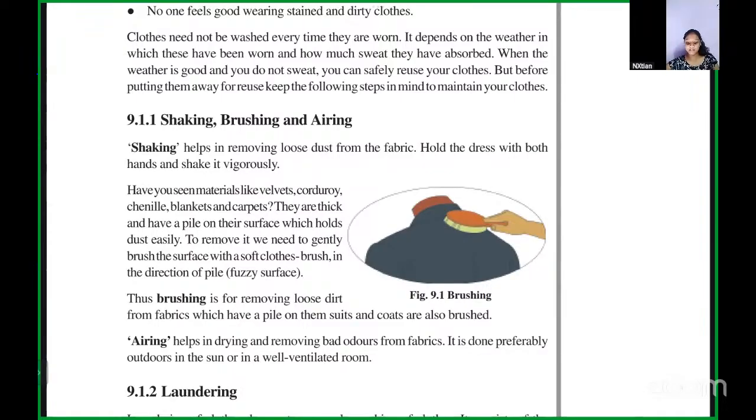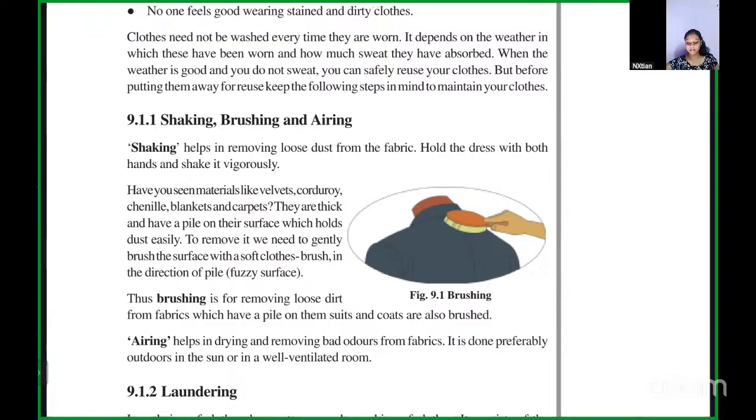The three steps are shaking, brushing, and airing. Shaking helps in removing loose dust from the fabric. Hold the dress with both hands and you have to shake it like this. Shake it vigorously and shake it hard. Okay, the piece of cloth, which will remove any dust that it is having.